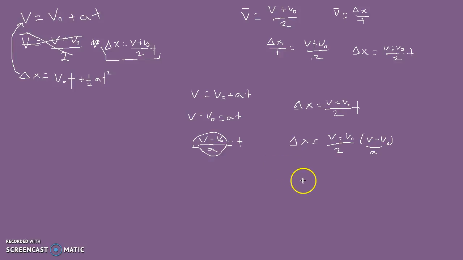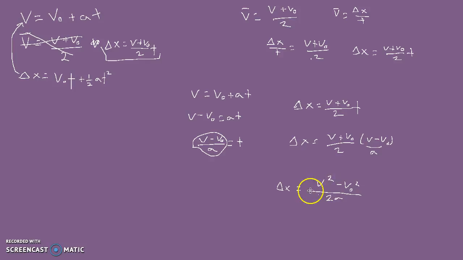You might notice that we have a difference of squares here. So we end up with delta x equals, when we multiply those out, v squared minus v naught squared, and then 2 times a would just be 2a.